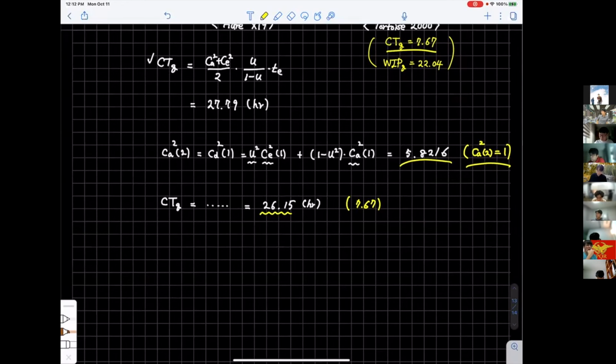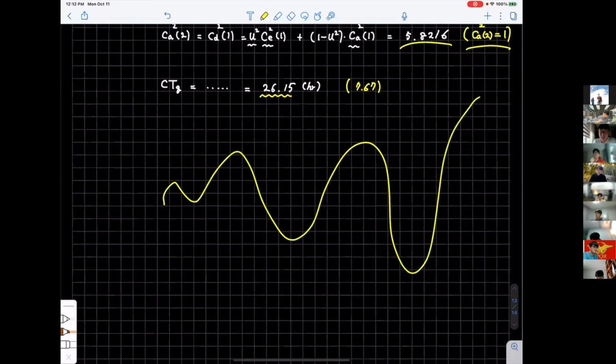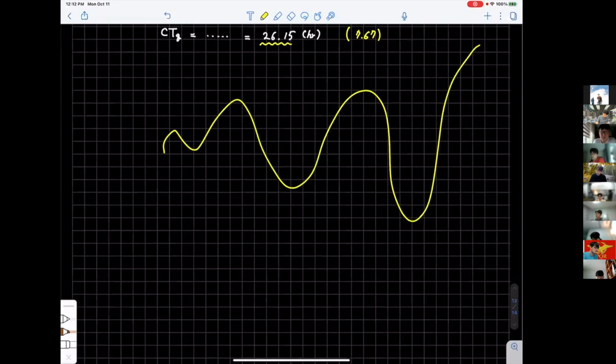Actually, in supply chain theory, there is a very famous model. It is the chain reaction model. Sometimes we call it the bullwhip effect. Have you seen this bullwhip effect, which starts from the customer?